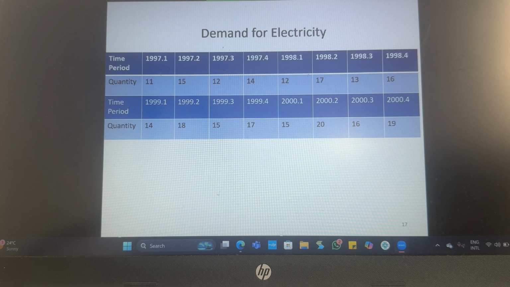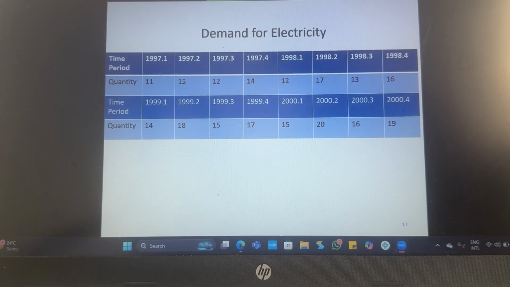Here, the data set is collected quarterly. We have 1997 first quarter, second, third, and fourth. After the fourth quarter in 1997, we move on to the next year, 1998, first quarter.